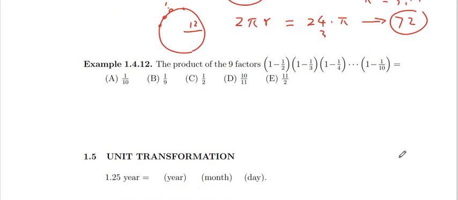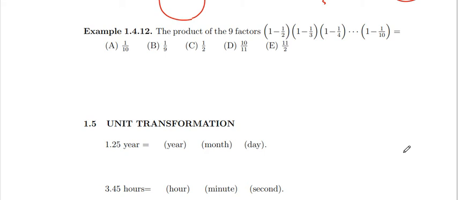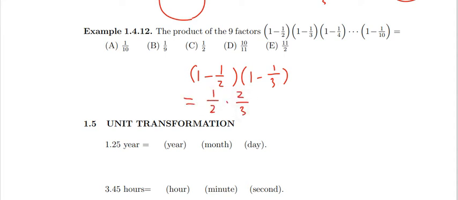For this problem, let's say we change it to 1 minus 1/2, multiplied by 1 minus 1/3. This equals 1/2 multiplied by 2/3. Then 1 minus 1/4 is 3/4.